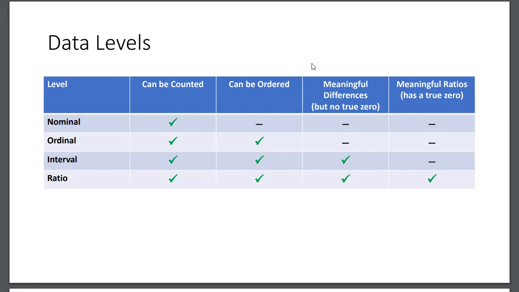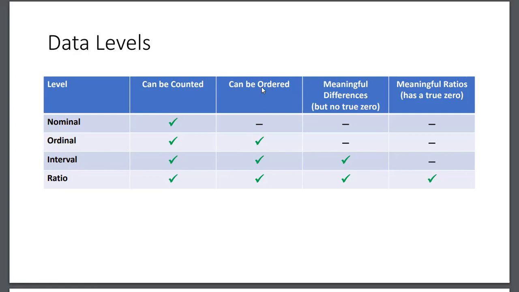In these columns, you can see the different operations. The first column is whether or not you can count certain values, such as the number of males, number of females, the number with a given birthday. All the different levels of data can be counted.